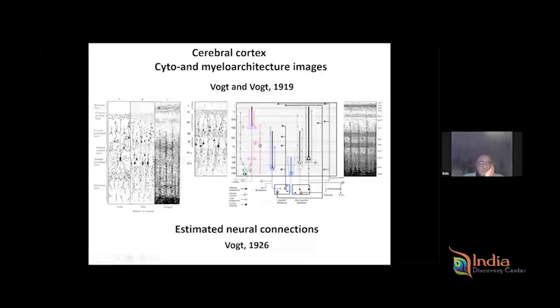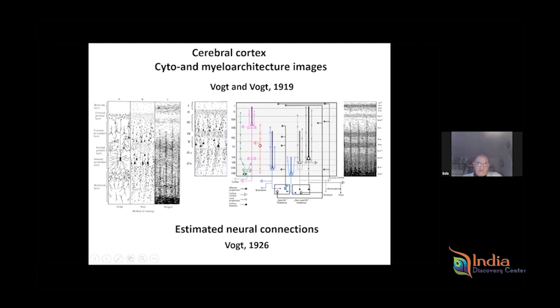Of course, the people who work with the brain, the histologists, had different histological techniques: Golgi impregnation, Nissl staining, and myelin staining. They showed that there is a kind of vertical orientation inside the brain.